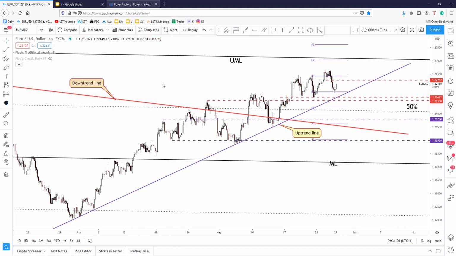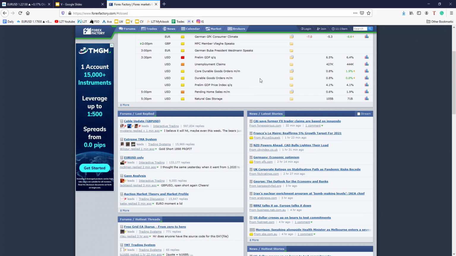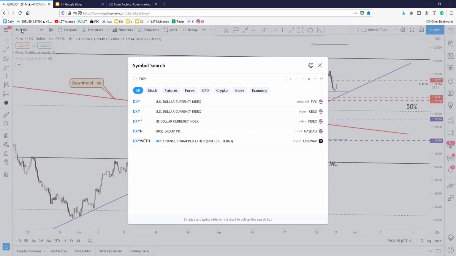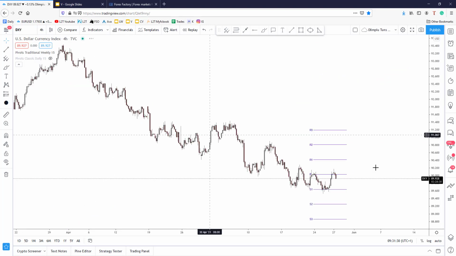Okay, and let's take a look again on the economic calendar. So if the US data, the prelim GDP, will increase at least by 6.5, also if the unemployment claims will come in line with expectations, also if the pending home sales maybe will increase at least by 0.6, then maybe the DXY will jump higher in the short term again.